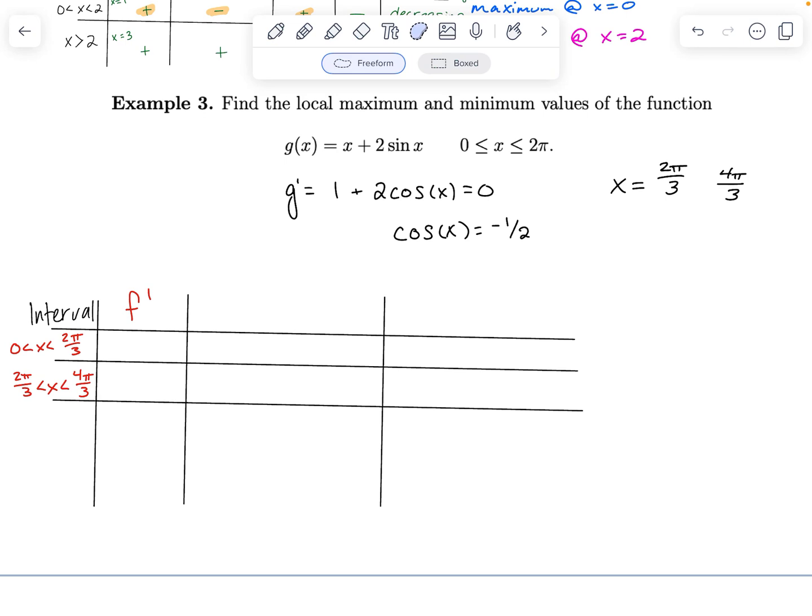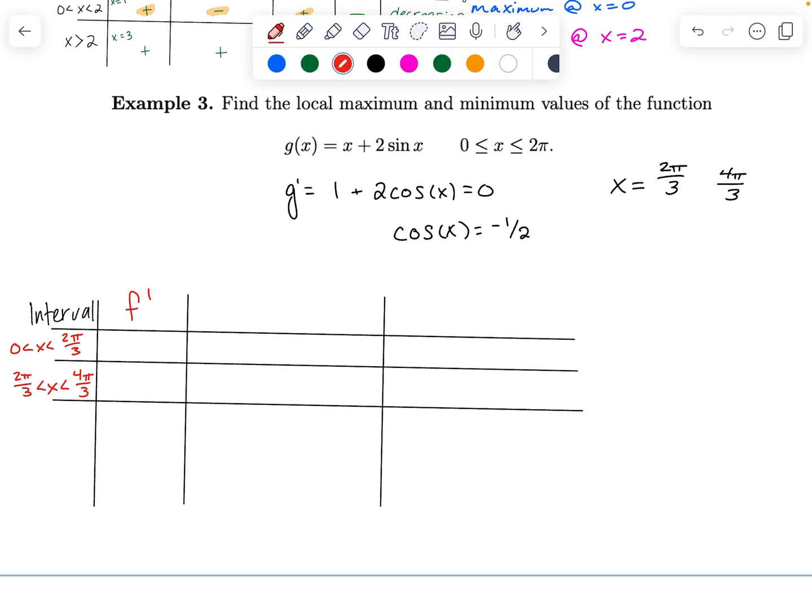So in this case, if I were to plug in, I don't know, let's say pi over 2. If I said, what's f of pi over 2?